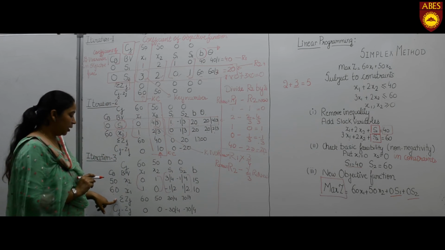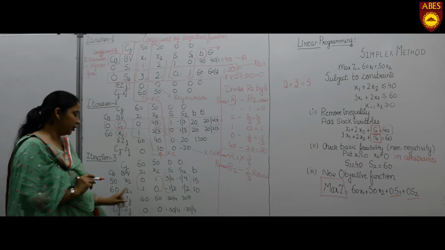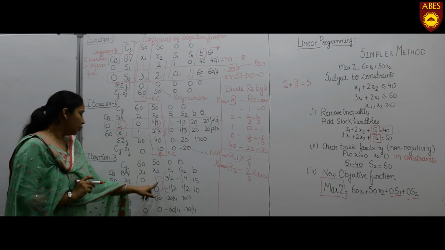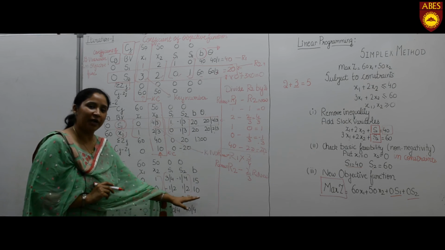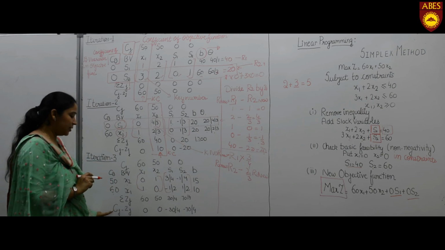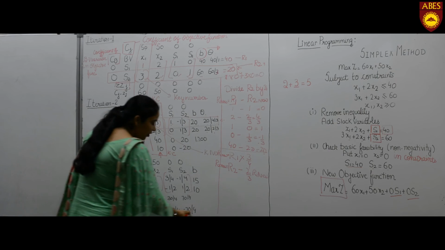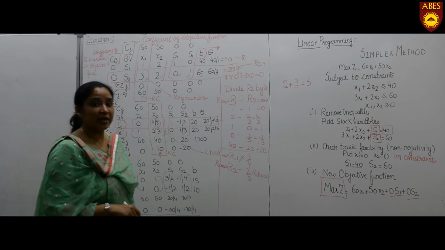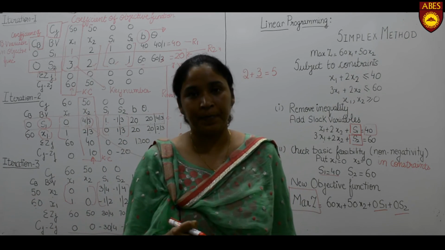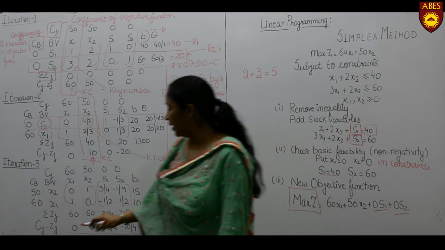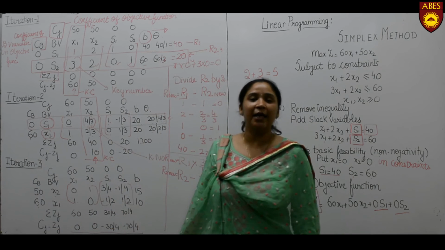Same formula: 0 into 50 plus 1 into 60 is equal to 60. 1 into 50 plus 0 into 60 is 50. Similarly, we will find out Zj and then Cj minus Zj. Now this is our final step which will tell us whether we have found the optimal solution or not. You can see that in Cj minus Zj all the numbers are negative.